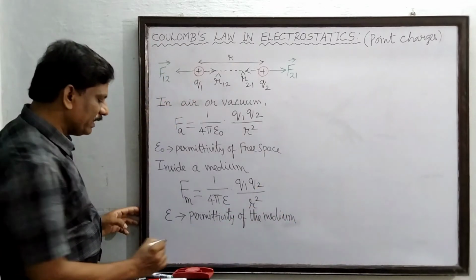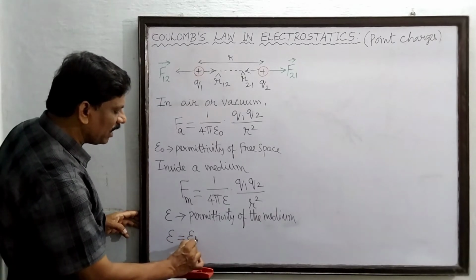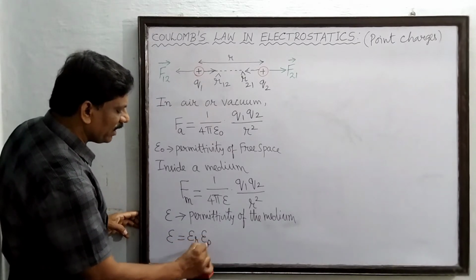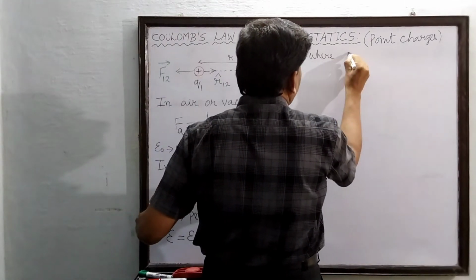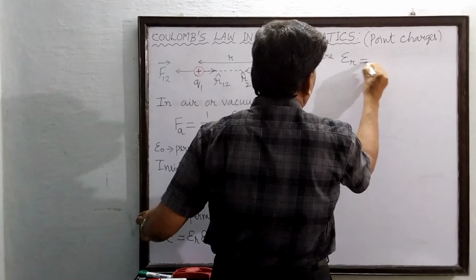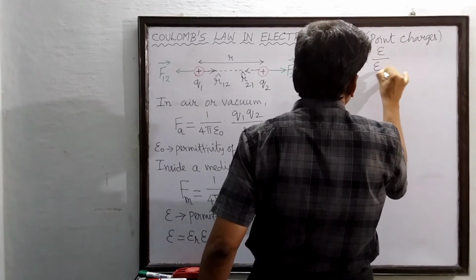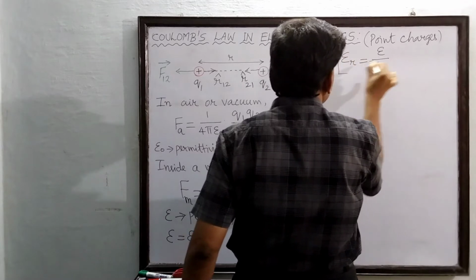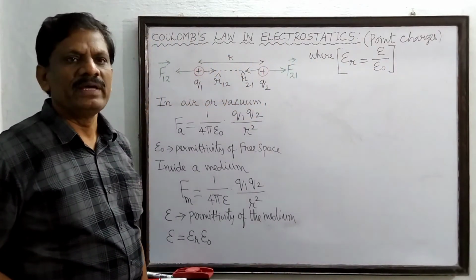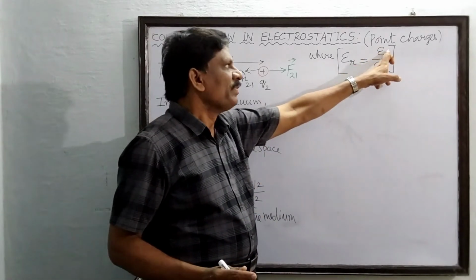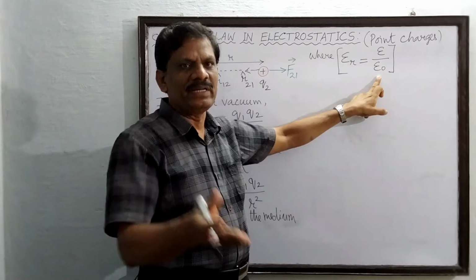Also, it is found that this epsilon is equal to epsilon r times epsilon naught, where another symbol we have introduced, that is epsilon r is equal to epsilon divided by epsilon naught. That is, the permittivity of a given medium is compared with the permittivity of free space.